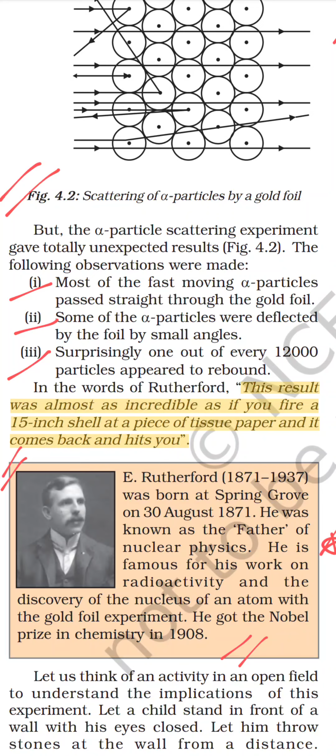Then, surprisingly, 1 out of every 12,000 particles appeared to be rebounded. In the words of Rutherford, this result was almost as incredible as if you fired a 15-inch shell at a piece of tissue paper and it comes back and hits you.